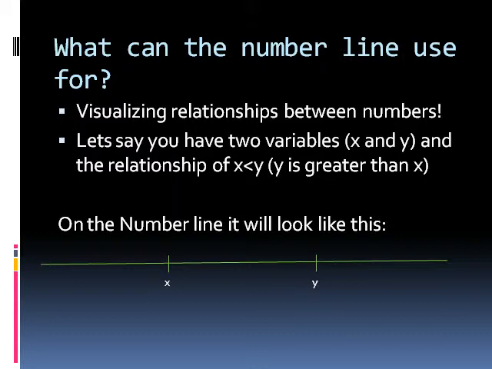On the number line, x would be on the left hand side of y, because on the number line it is usually given that in the middle is 0 or any other number for relationship purposes, and the left hand side is always the lesser value than the right hand side, which is of a bigger value.